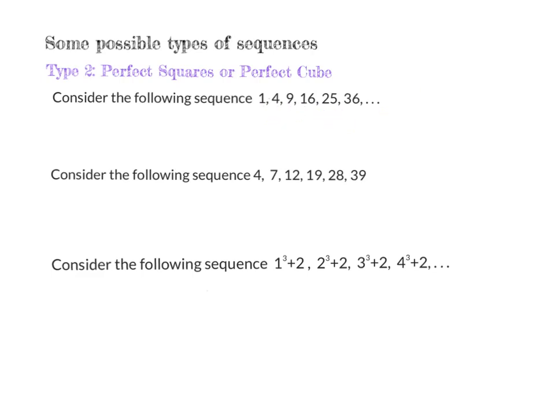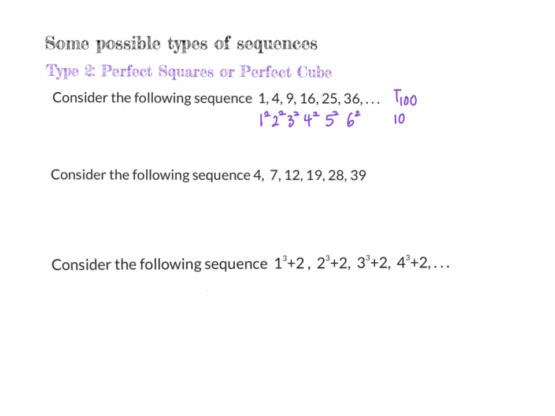Now what do we do? We'll notice that the numbers are increasing quite quickly. So the first thing we can consider is perfect squares, perfect cubes, or even power form. This is actually 1 square, 2 square, 3 square, 4 square, 5 square, and 6 square. If I were to give you the nth term, let's say term 100, what will it be?